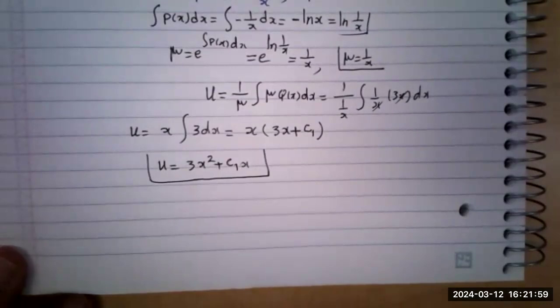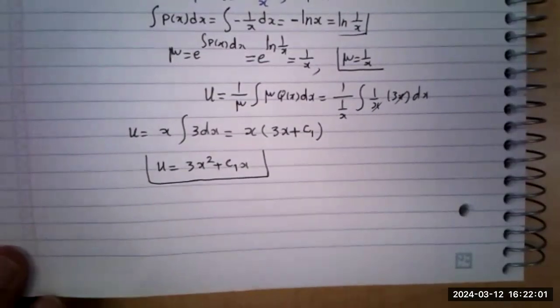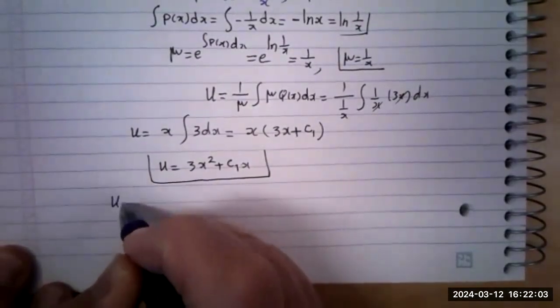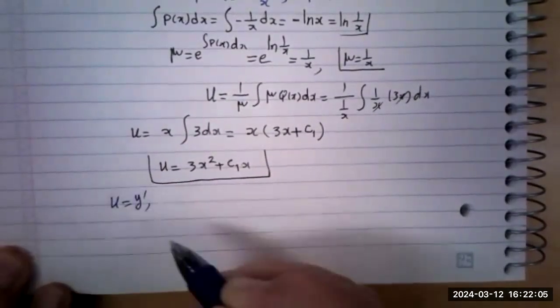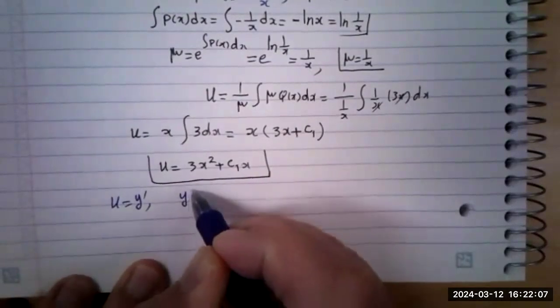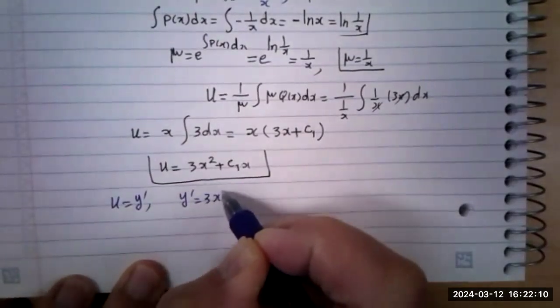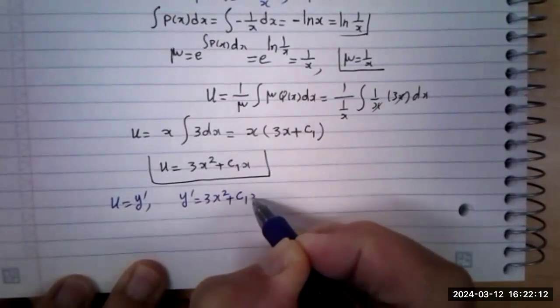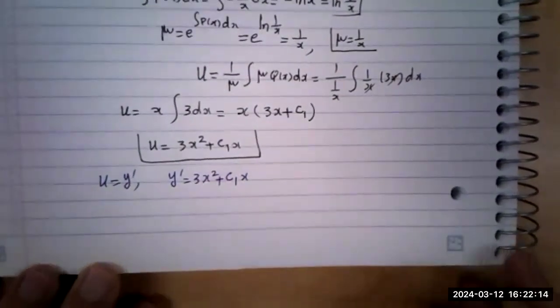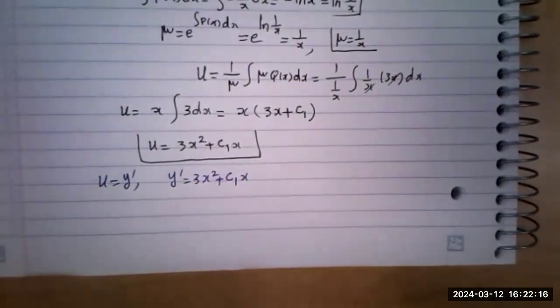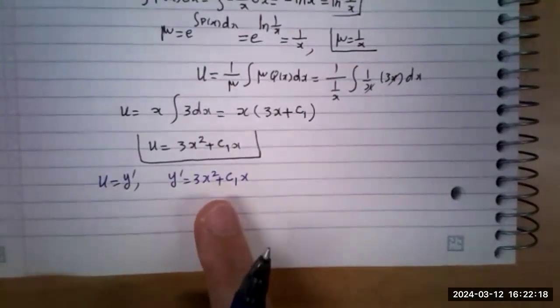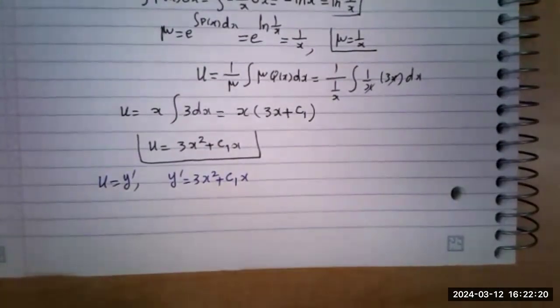We have to go back now to the second part. So u is y prime, because the unknown is y. So that gives you y prime equal to 3x squared plus C1 x. If any initial condition is given to you, you better apply it now to get that C1. Sometimes it's very important to apply it. In this case, you don't have any initial condition, so we go ahead.